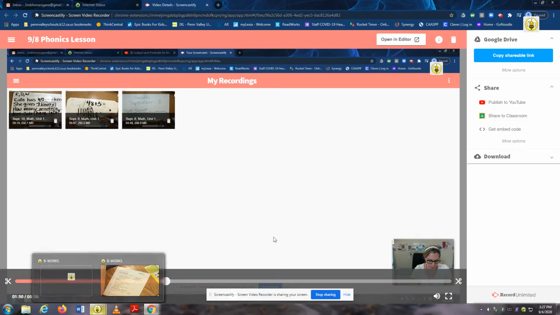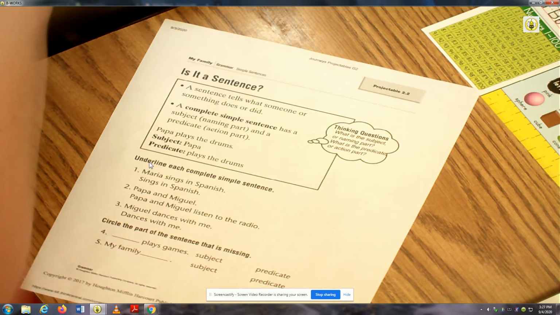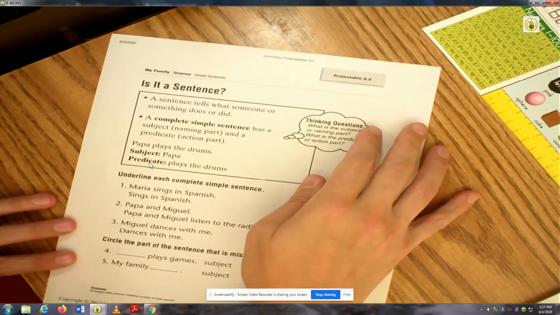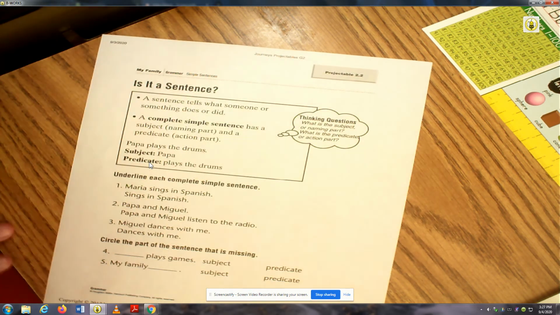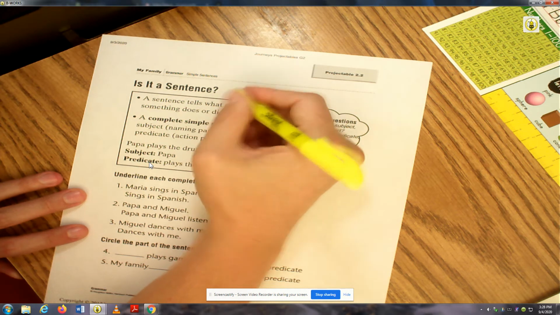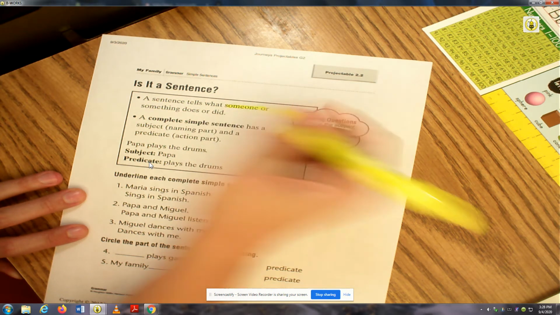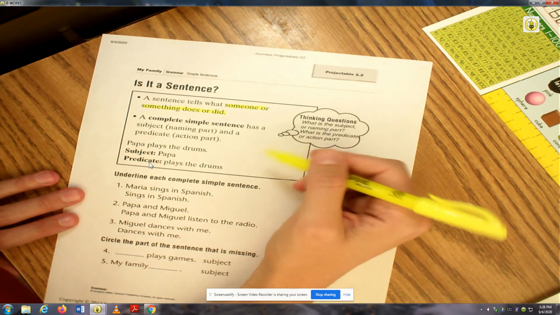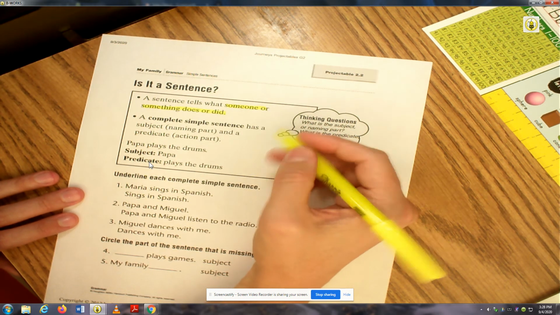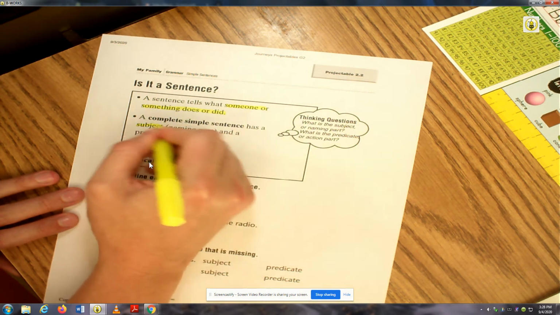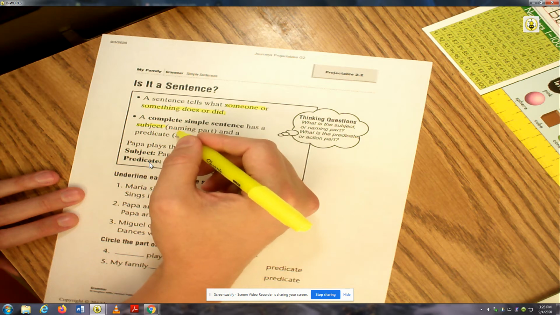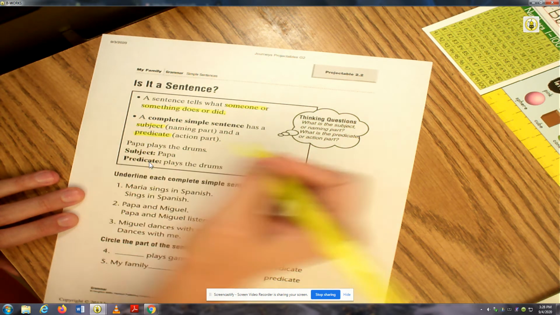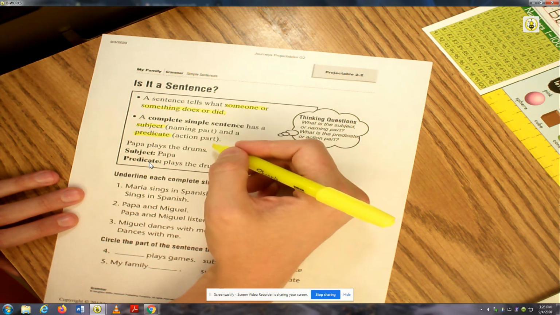All right, so we're going to go ahead and look at what is a sentence. And a sentence tells what someone or something does or did. And a complete simple sentence has two parts: a subject, which is the naming part, and a predicate, which is the action part.